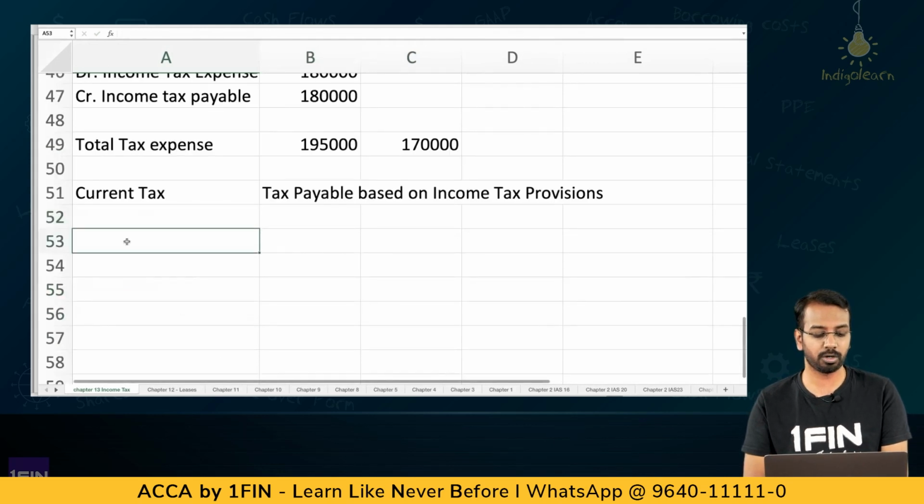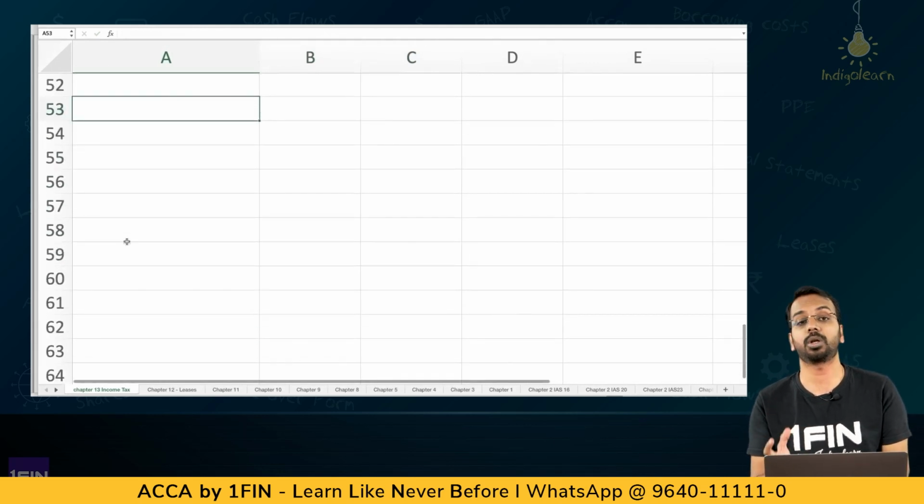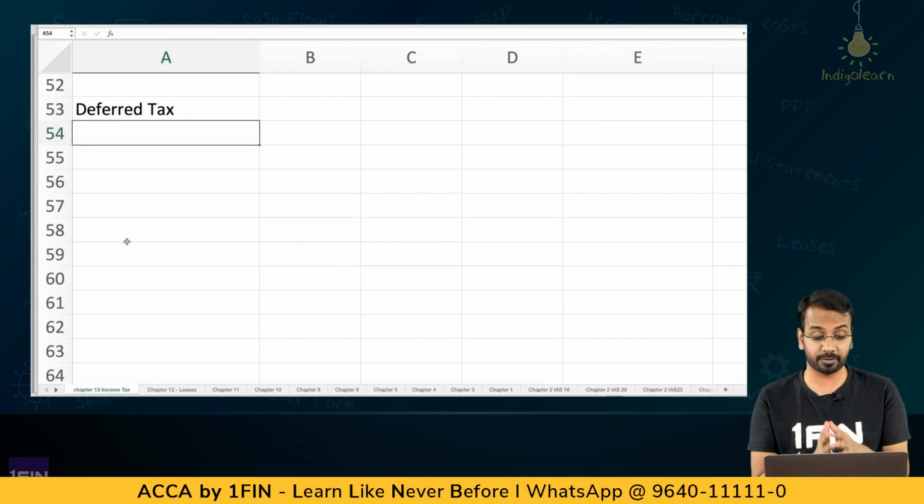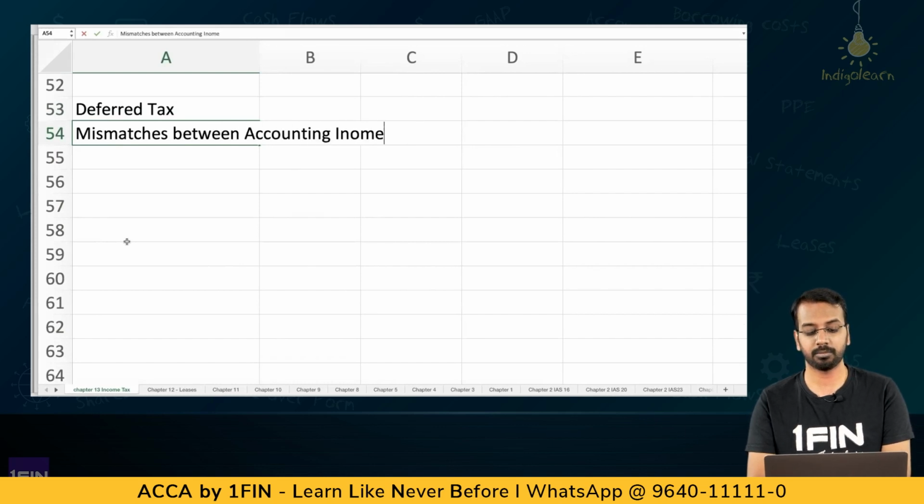Now moving on to the next part, which is the core of the standard of IAS 12, that is deferred taxation. As I explained, deferred taxation is basically to take care of mismatches between accounting income and tax income.